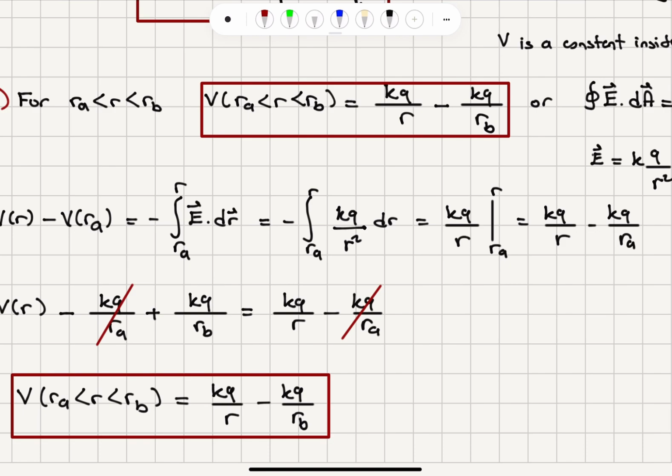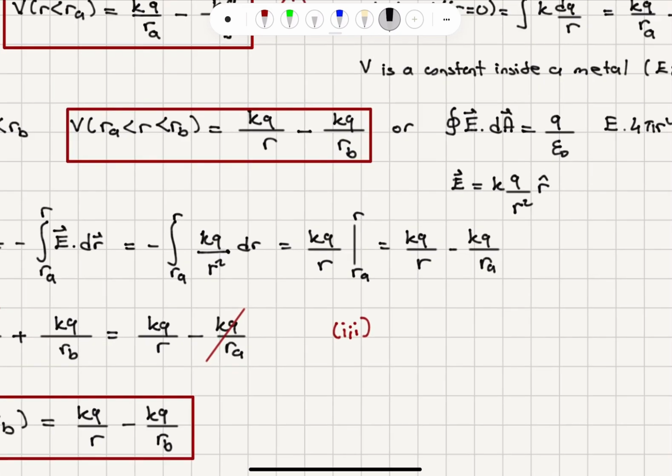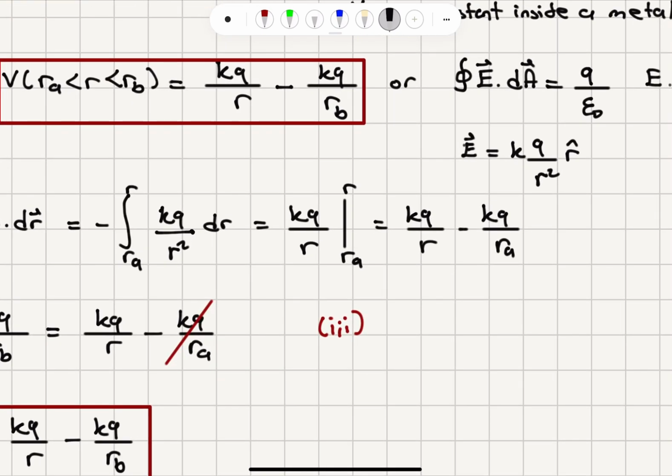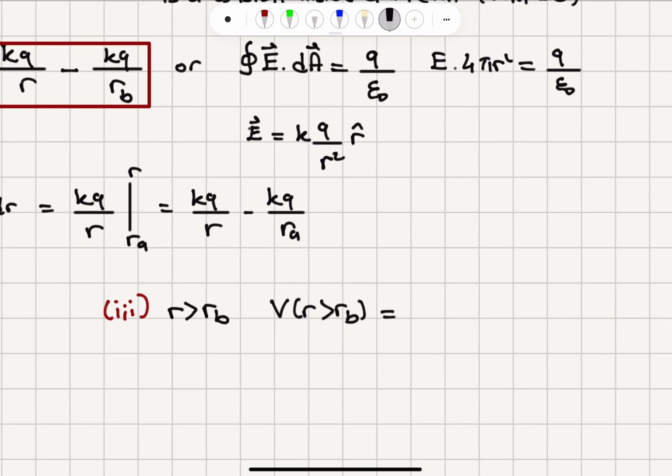Now, if I consider the third region, R greater than R sub B, then I have a very simple situation, potential R greater than R sub B. What is the potential outside a metal sphere at a radial distance R from its center?